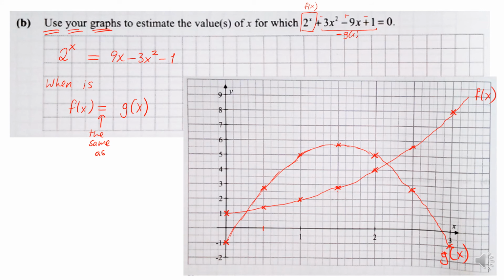So when are the two functions the same? And they are the same at the 2 points where they cross each other. So they're the same here and they are the same here.